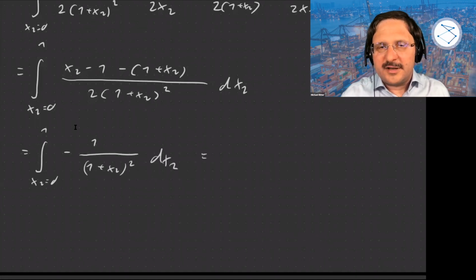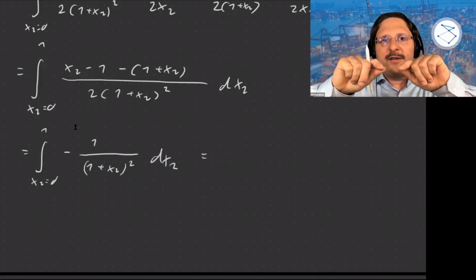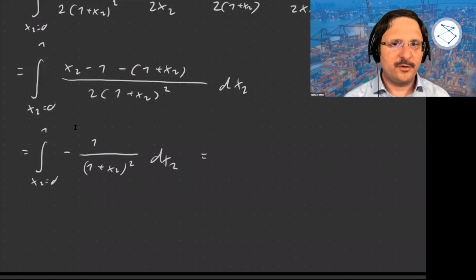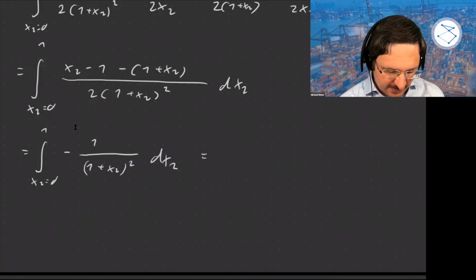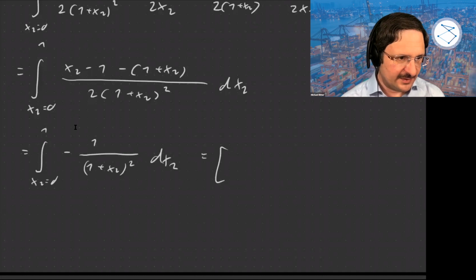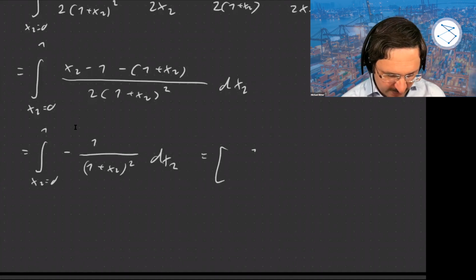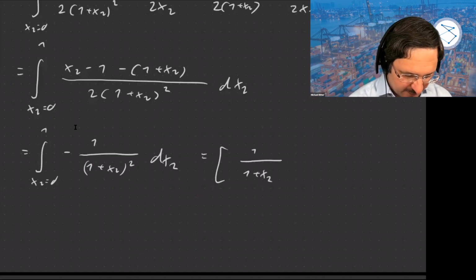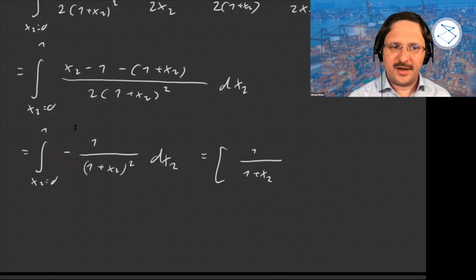And again, that's basically 1 over 1 plus x2 to the power of minus 2. So using the usual integration rule for polynomials, we can integrate that. And we get 1 over (1 plus x2) divided by minus 1. And then we have this minus 1 here, so those cancel out.